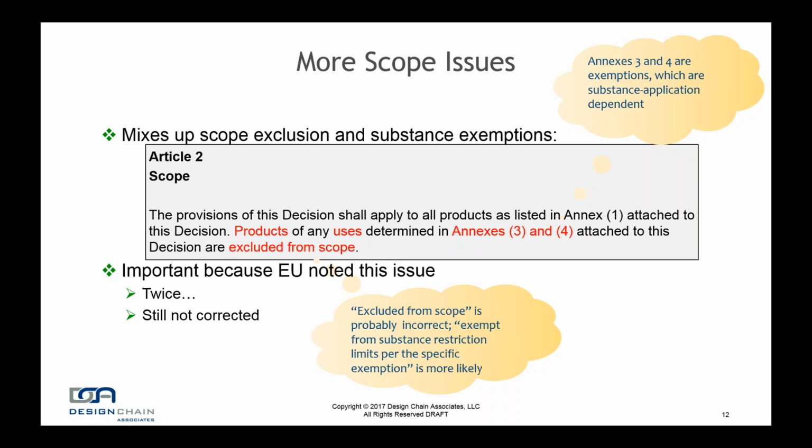Therefore, if you read this literally, and it's hard to do that because it's hard to interpret it precisely, but if you interpret it literally, it means that, to me anyway, all products that are using an exemption are excluded from the scope of the regulation. Therefore, the regulation is effectively dead in the water. There's no application to it.